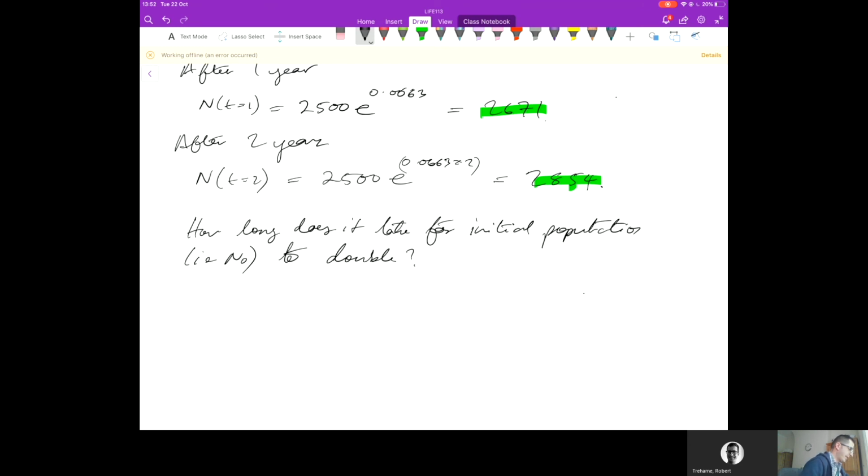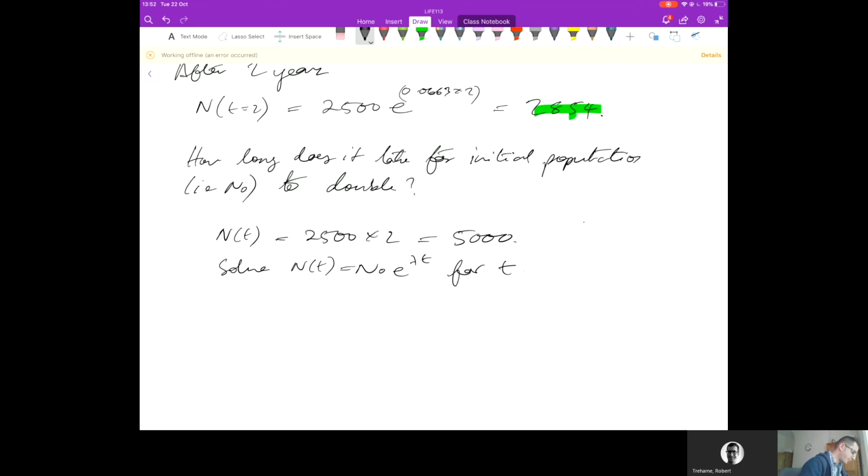I'm asking for a value of Nt which is double the initial 2,500, times 2, which of course is equal to 5,000. So I'm now going to solve Nt equals N0 e to the lambda t for t, and find out what time it takes for Nt to get to 5,000, still with the N0 of 2,500, and with my lambda value of 0.0663.